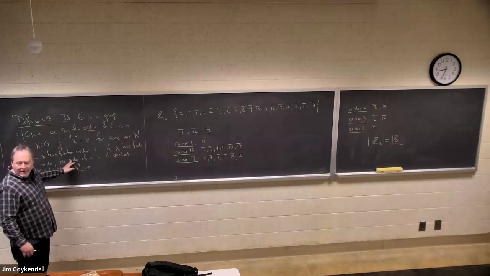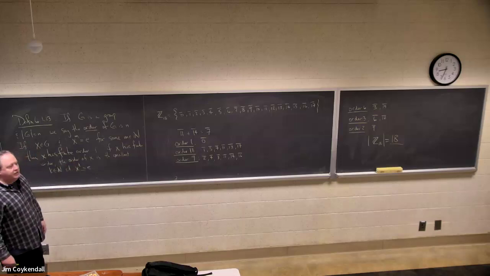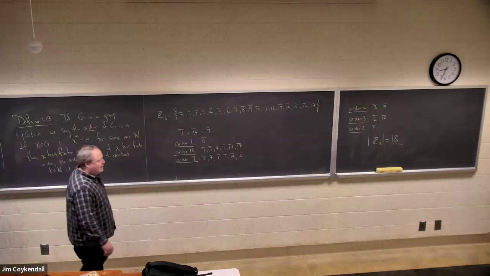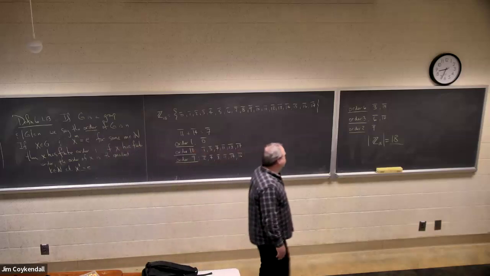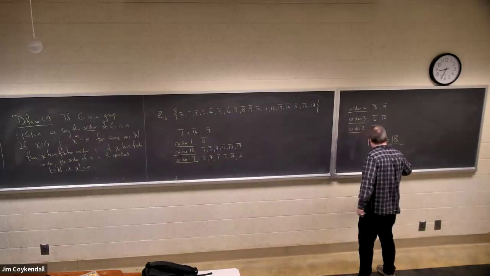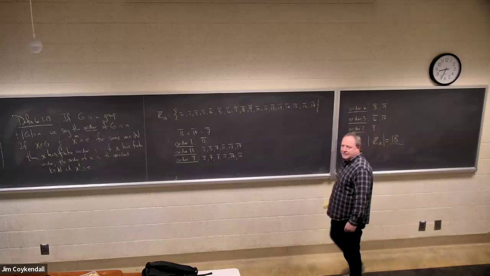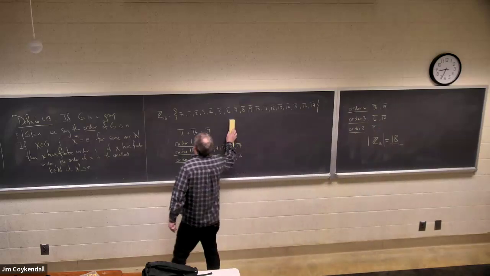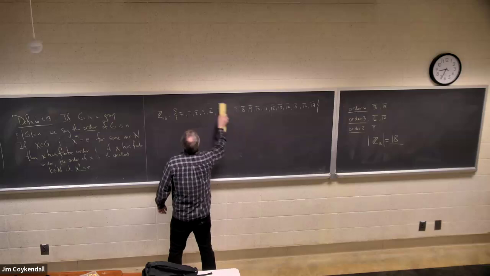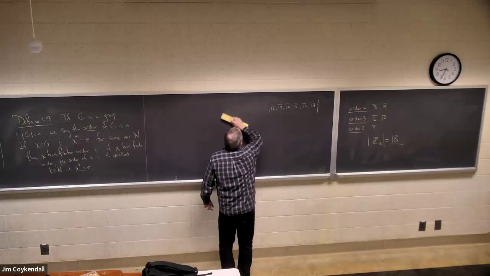If I say that the order of an element in a group is infinite, that just means that it's not a finite order. Can anybody give an example of a group and an element with infinite order? I bet you'd have to give me an infinite group.